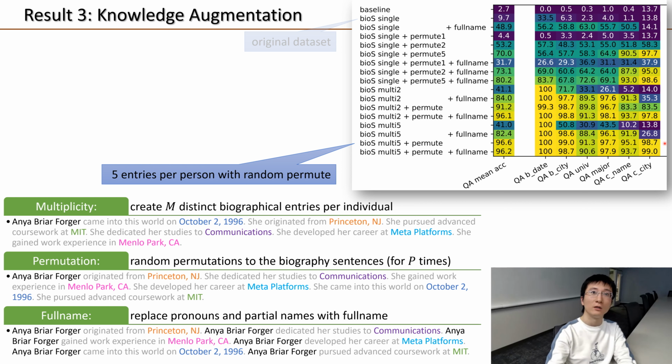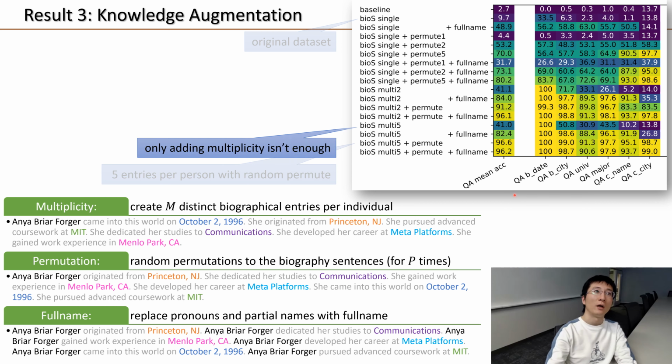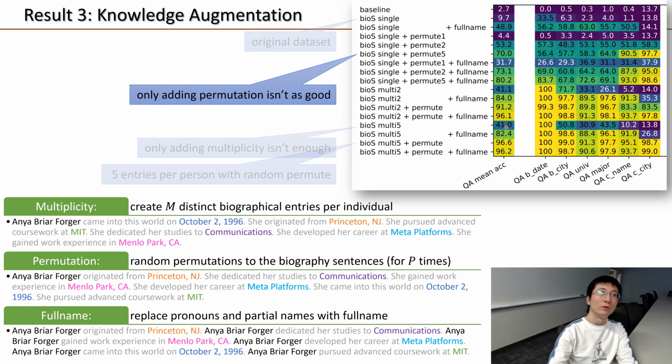And here are the individual accuracies for the 6 tasks. We originally only had about 10%, but now it goes to like 96%. And if you do things in between, for instance, if you only add multiplicity, even 5 times, that's not enough. You only get about 40% accuracy. And if you only add permutation, that's also not as good.